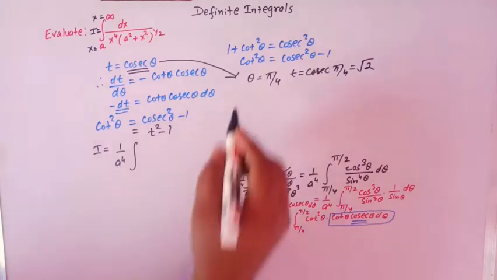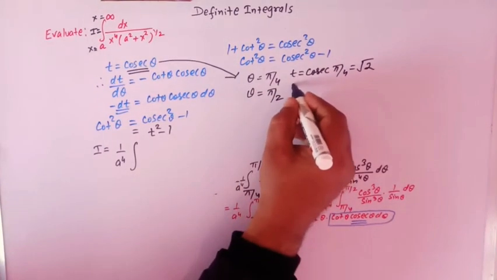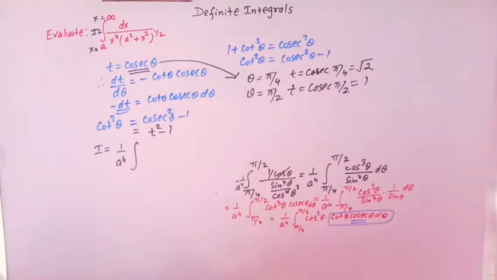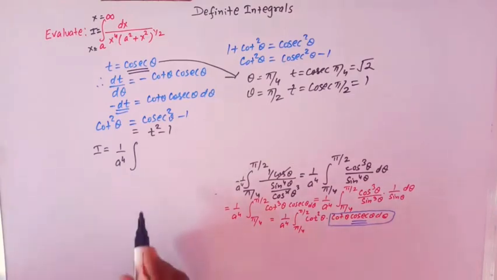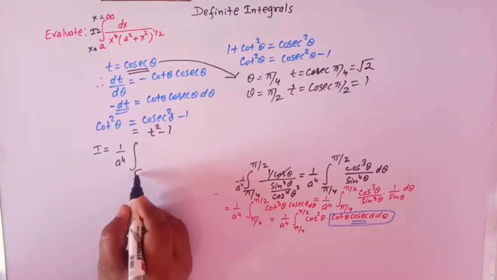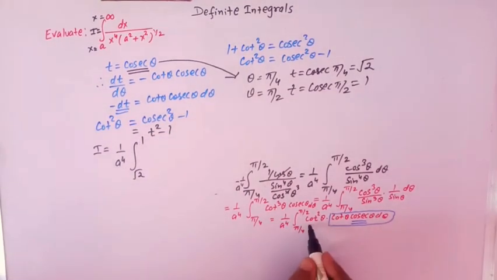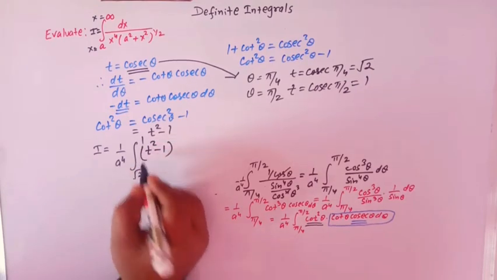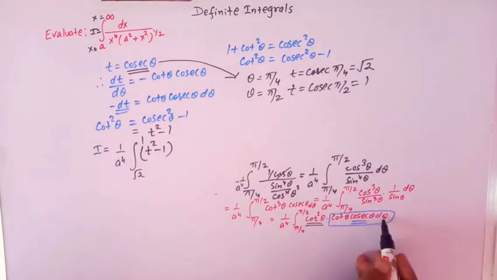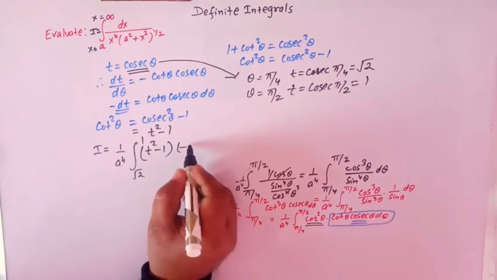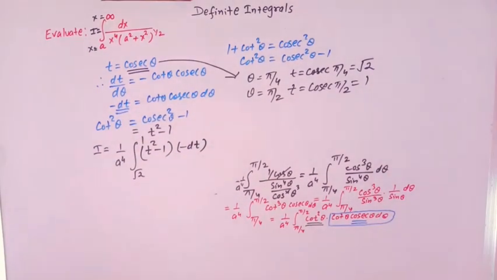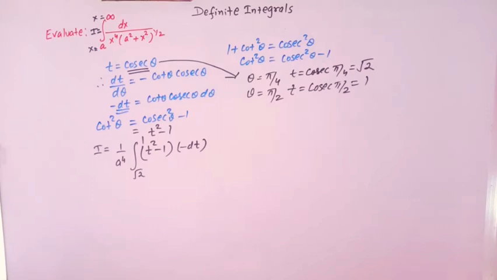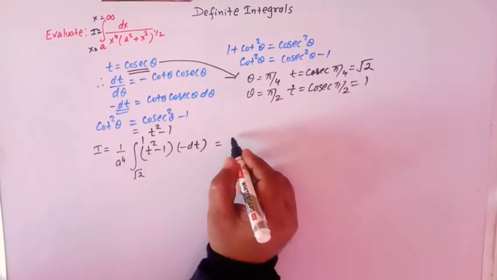And when theta is equal to pi by 2, then t is equal to cosec pi by 2, which is 1, right? So the limits are from square root of 2 to 1, and for this cot square theta we can write t square minus 1, and for cot theta cosec theta d theta we can write minus dt, right?